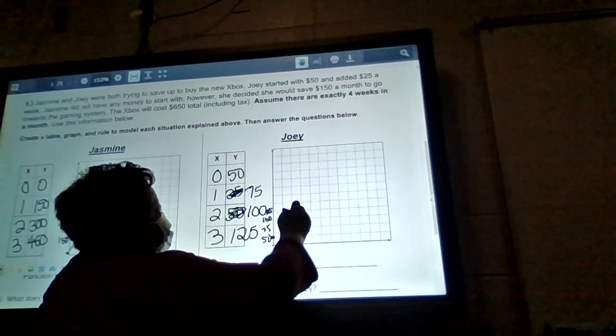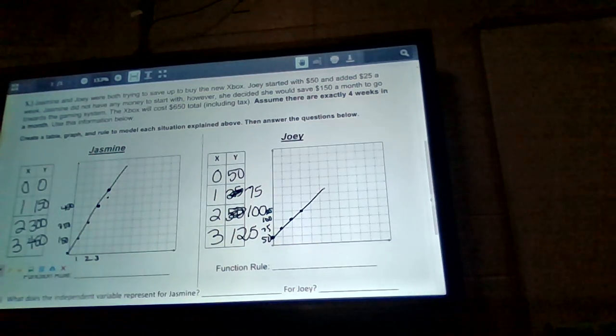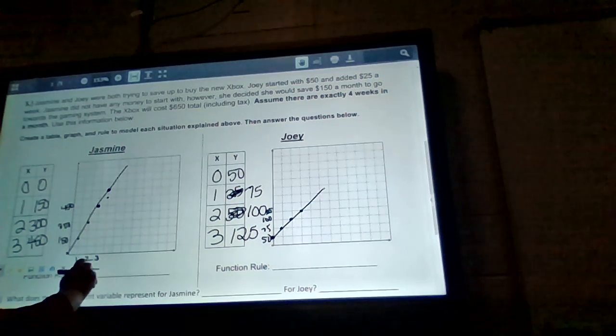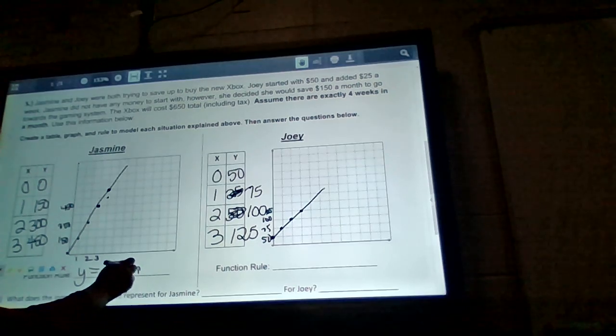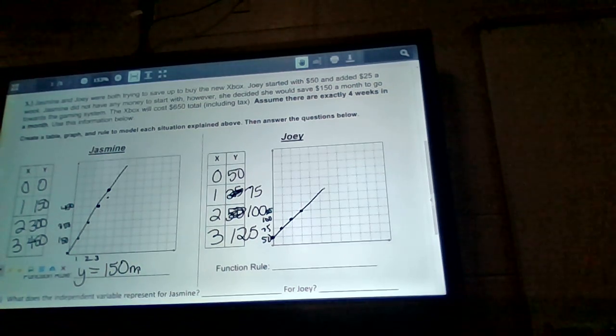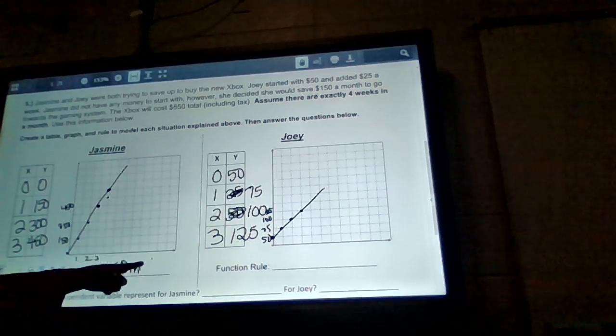And that's his graph. So my function rule, y equals 150 times, we'll call it the number of months. So 150 per month. Y-intercept is 0 because she starts out with 0.